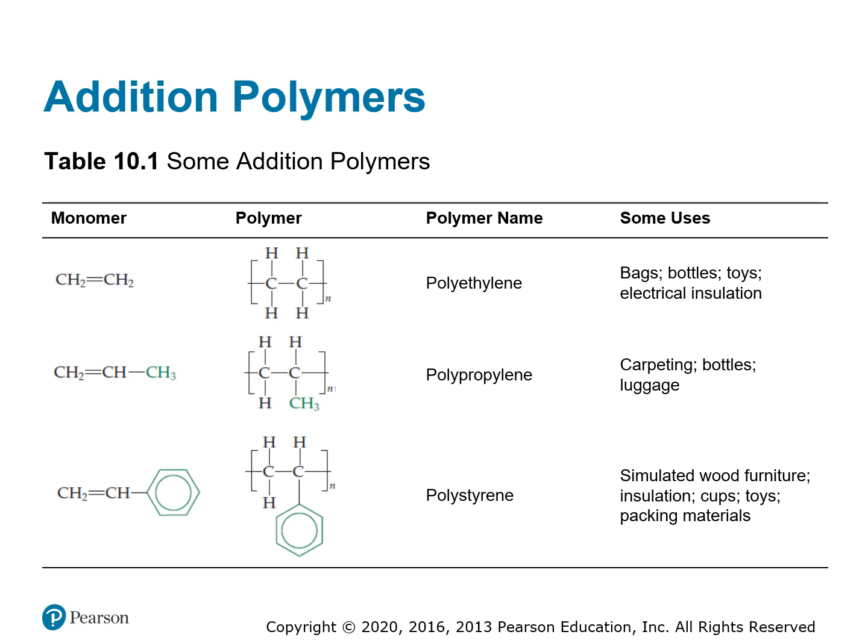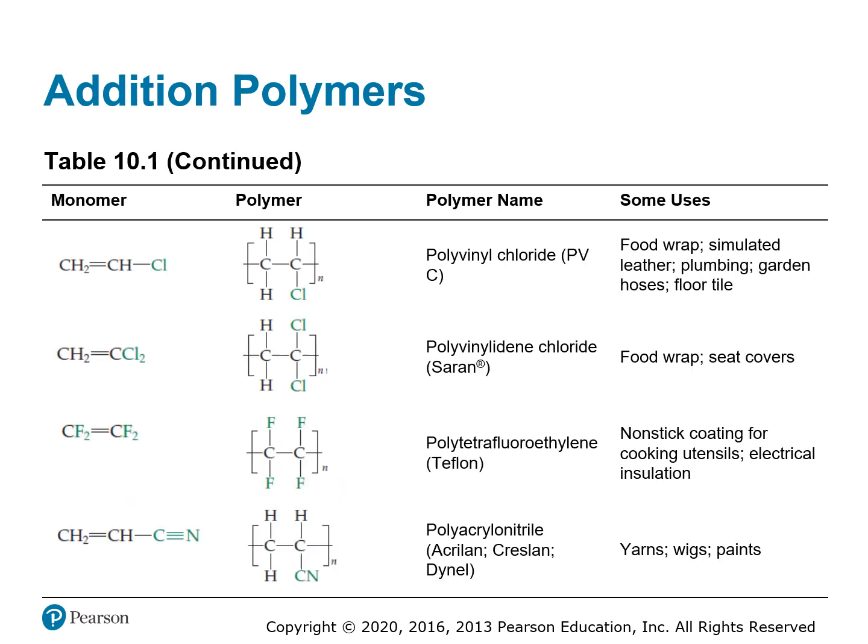Again, the double bond in the monomer disappears when you put these units together. And now you have here the letter n saying that you're repeating these linkages n times. So polystyrene is used in furniture, insulation material, cups, toys, packing, etc.